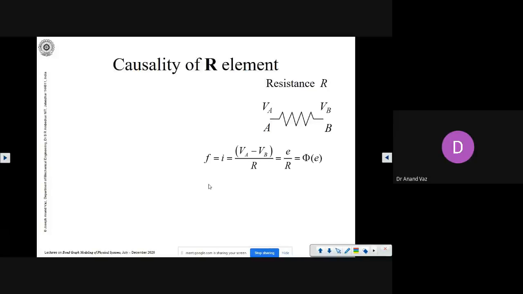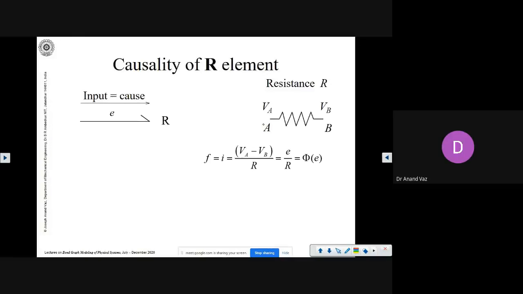Now, if we write it in terms of bond graph, we can see that here we are having the R element. The input to this is just our effort, that is the potential difference across A and B. It results in the output of a current.